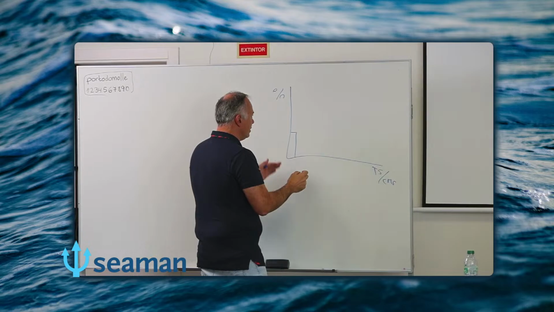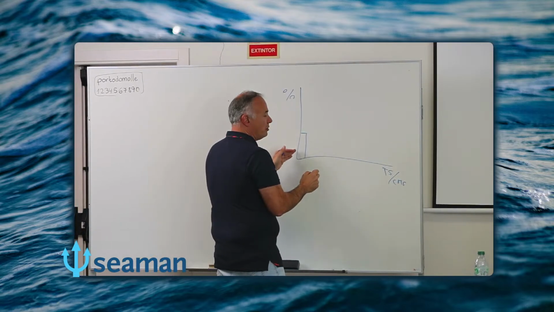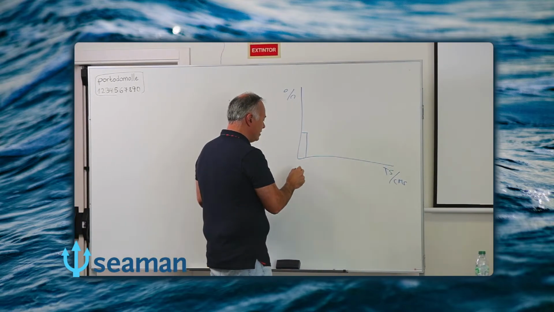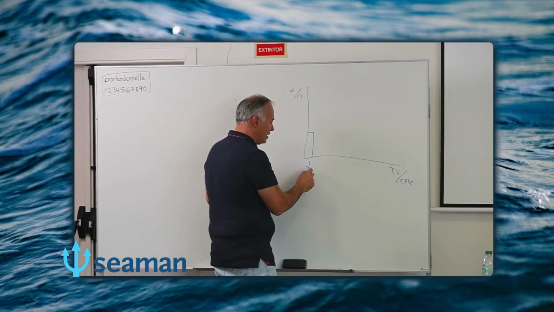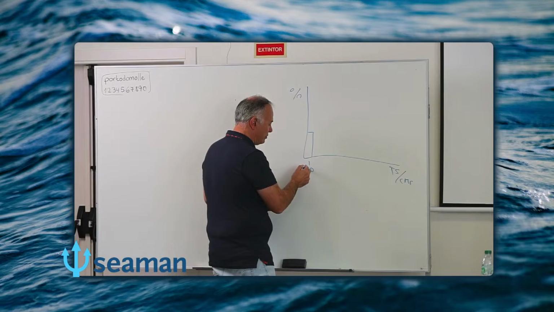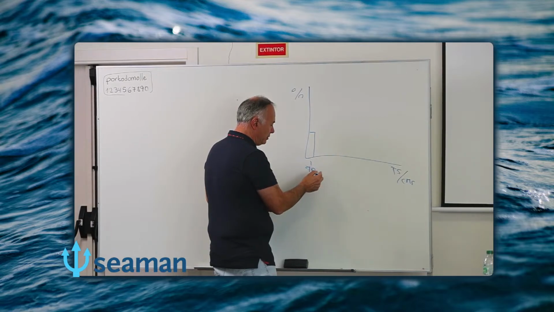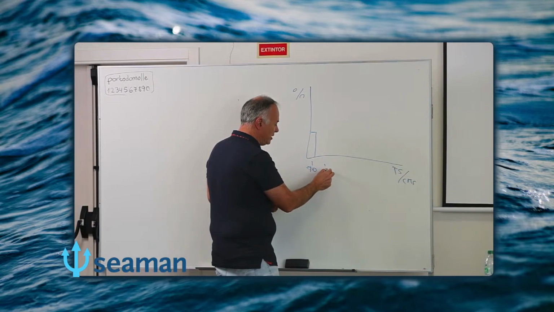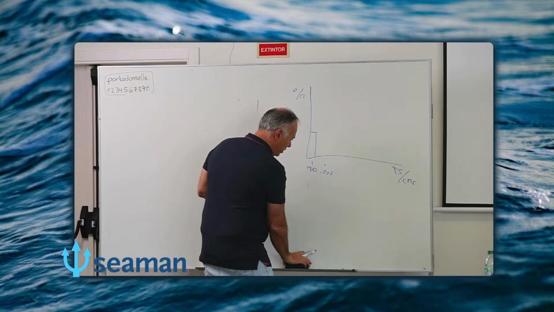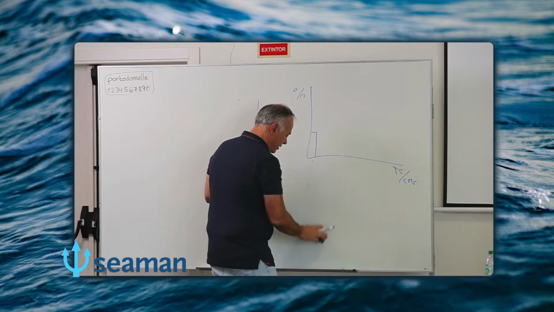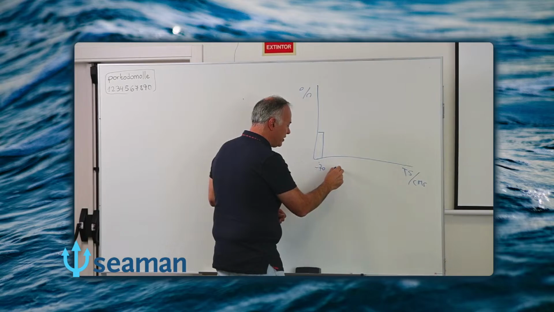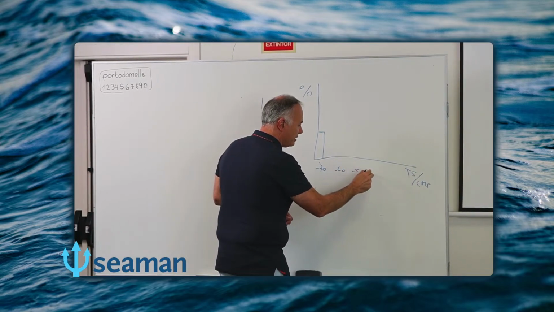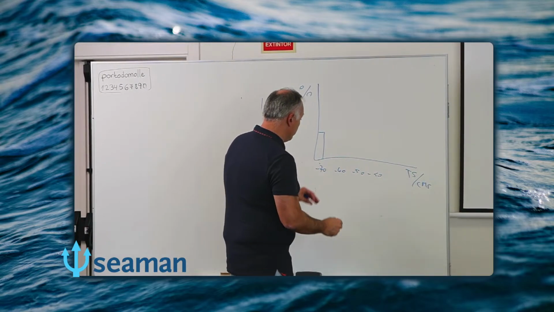represents the percentage of the targets that have this particular TS. Let's say this is minus 70, minus 60, minus 50, minus 40 dB.